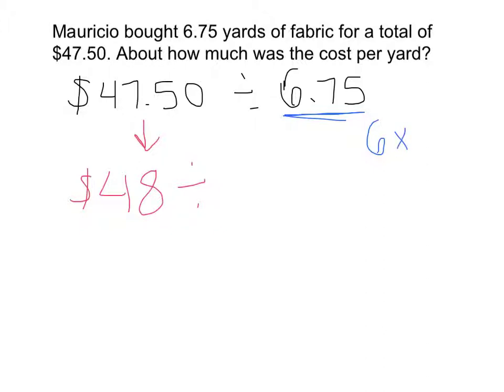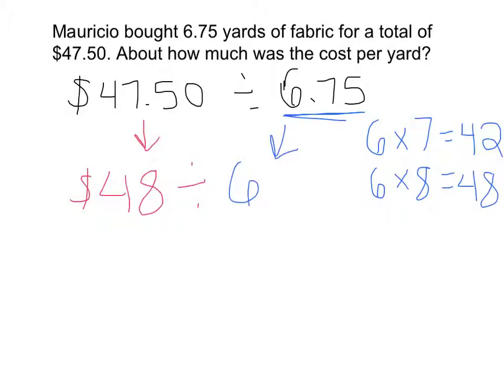Well, 6 times 7 gives us 42. 6 times 8 gives us 48. So we know 6 times 8 gives us 48. We know that we can change 6.75 down to 6, giving us a very easy division problem.